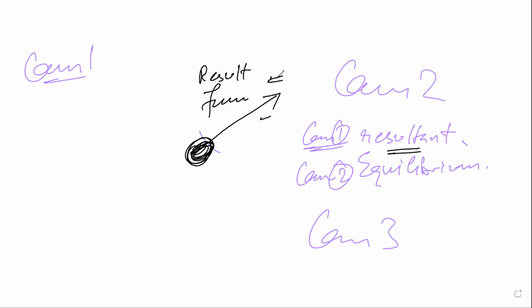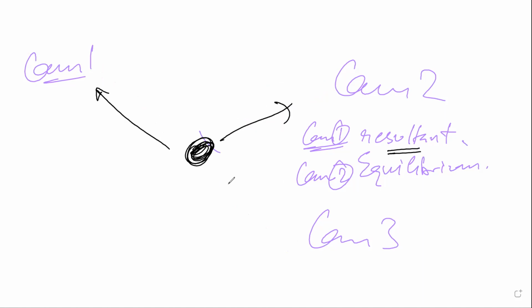Are we clear? But if the three forces, when they are acting, are in equilibrium, what it implies is that the result of the three forces would be zero. Are we clear about this?